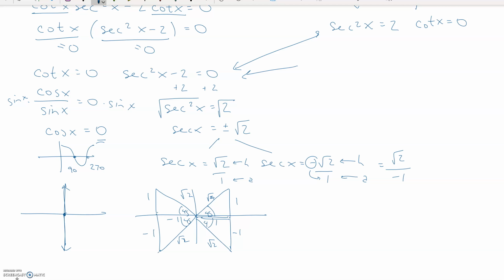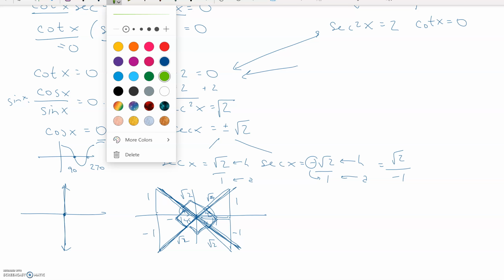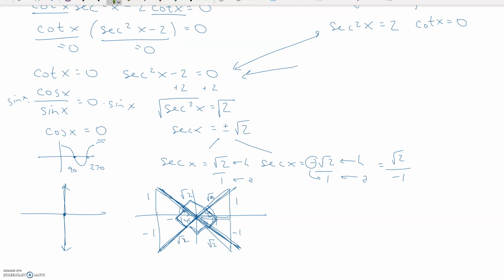So now what you have, when you have evenly spaced intervals all the way around, if 45 and 45 makes 90, 45 and 45 makes 90, that means between these two guys is 90 and between these two guys is 90 as well. Looking at them together, if I added in the 90 and the 270, it doesn't make anything evenly spaced all the way around.